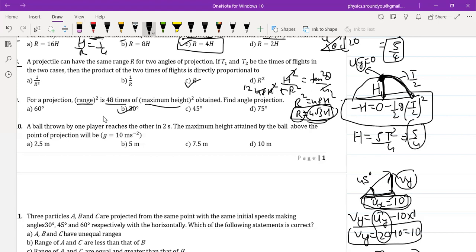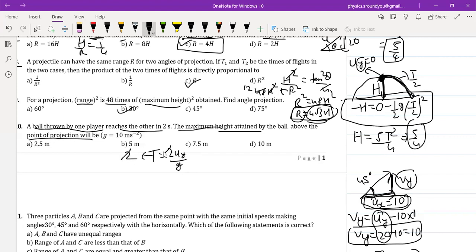That's wonderful. Now next, a ball thrown by one player reaches the other in 2 seconds. What is the maximum height reached by the ball above the point of projection? Well, what we can say here is they have given the time of flight. Time of flight T is equal to 2 times the vertical component by g. T is given as 2.